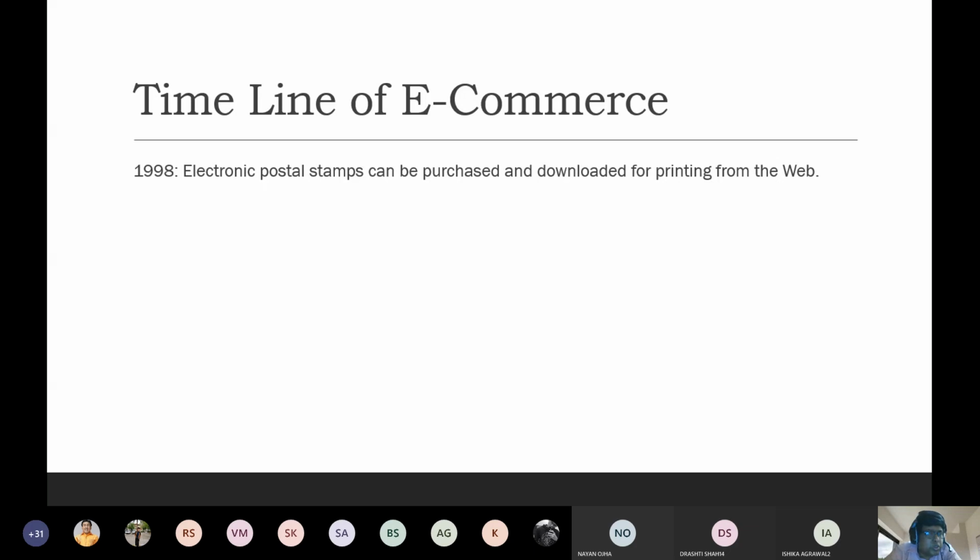Although this was an effort where the American Postal Service was trying to compete with emails in the era of email, they were not really very successful in doing that. Even though it was introduced in 1998, not a lot of purchases were being done, and slowly it faded off.